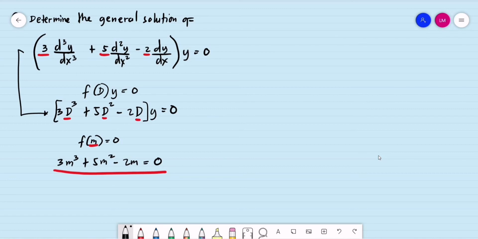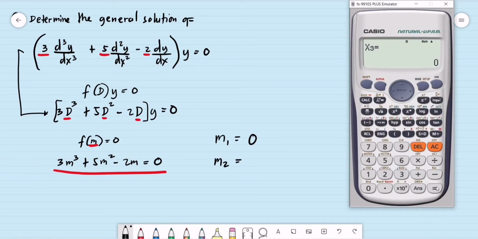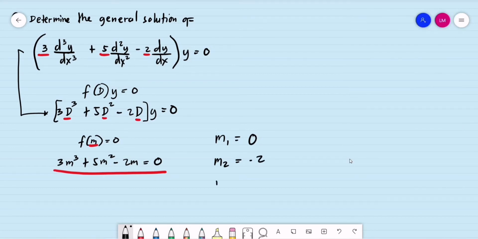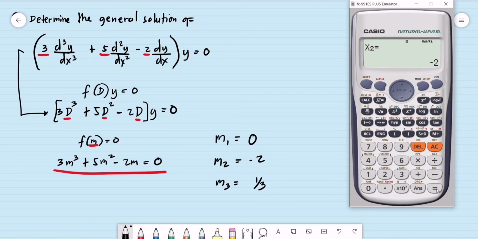I'll be starting with, let's say, m1, which is 0. The second root is 1/3, and the third root is negative 2. So these are the roots: 0, 1/3, negative 2.